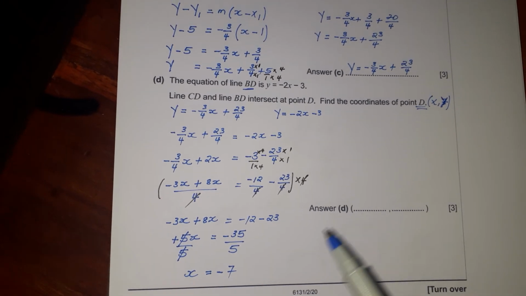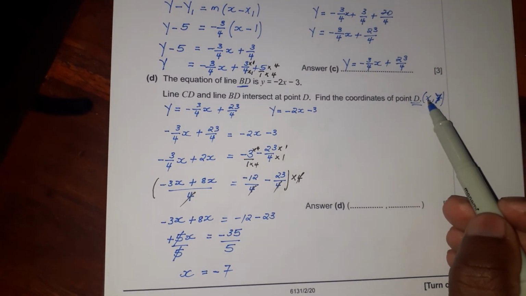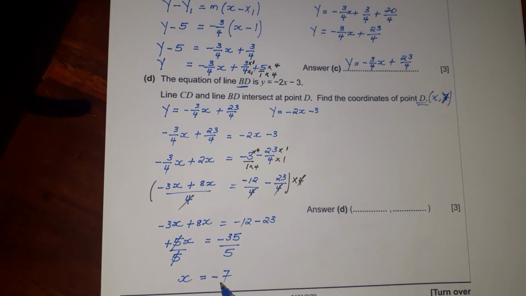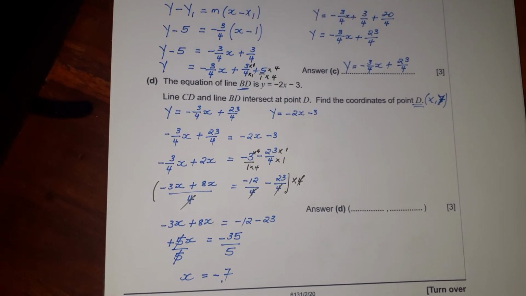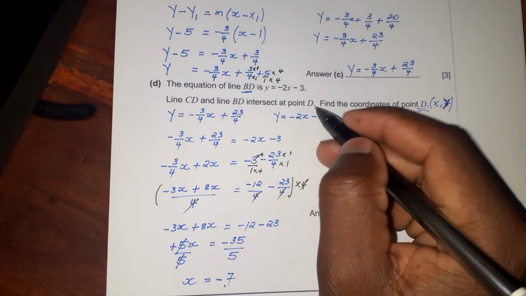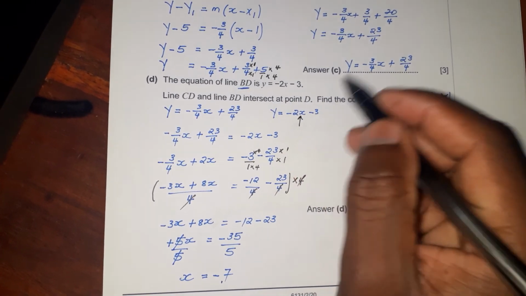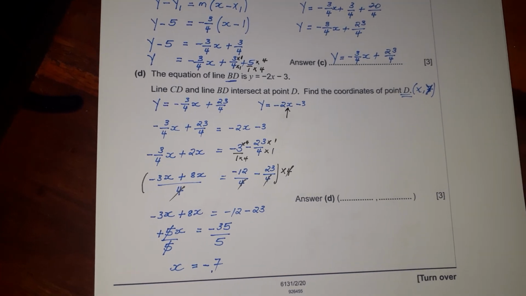Now that we have the x coordinate, which is negative 7, we have to take this negative 7 and then plug it in the place of x in the second equation.